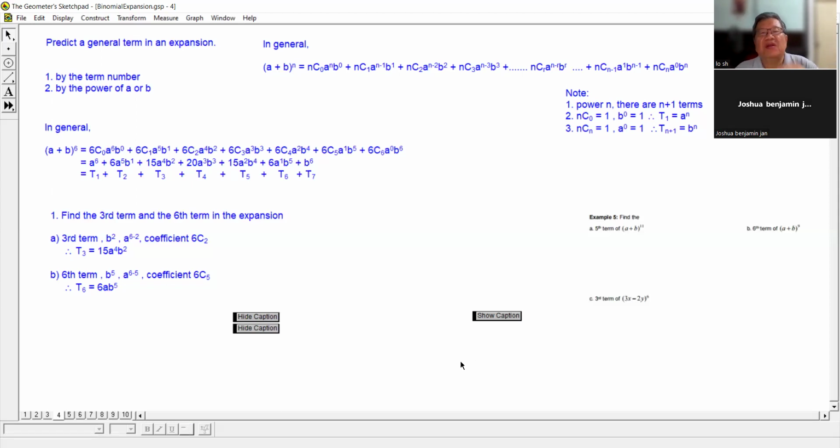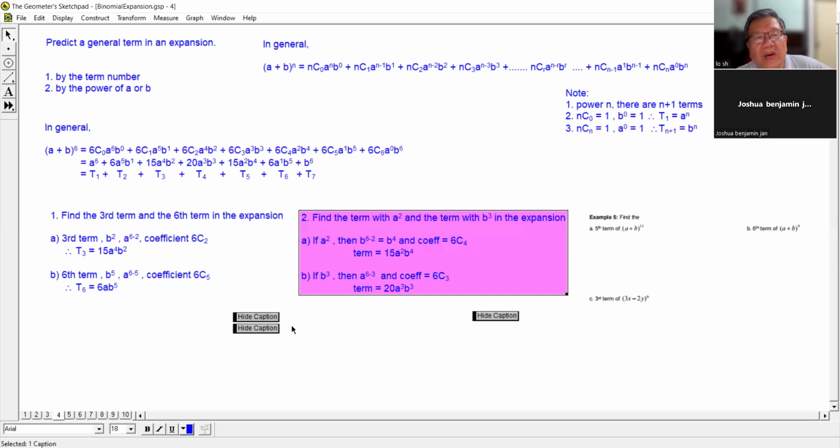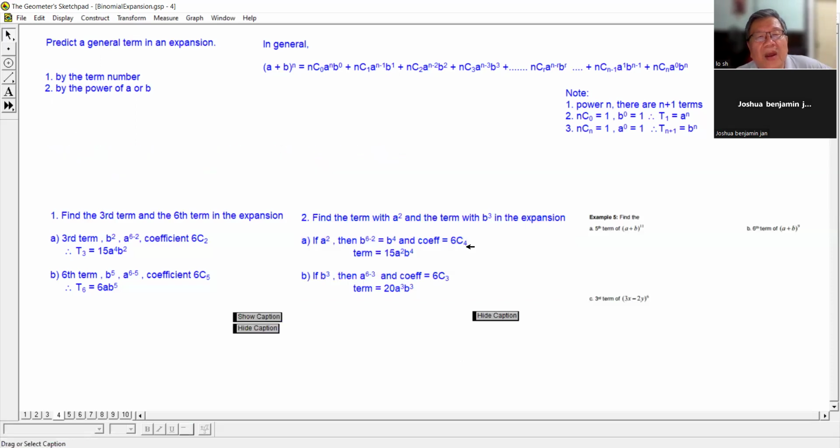Now, instead of telling you which term they want, fourth term, fifth term, sixth term, they may tell you, I want the term with a to the power of 2. Do you know which term is a to the power of 2 or not? Don't know, right?